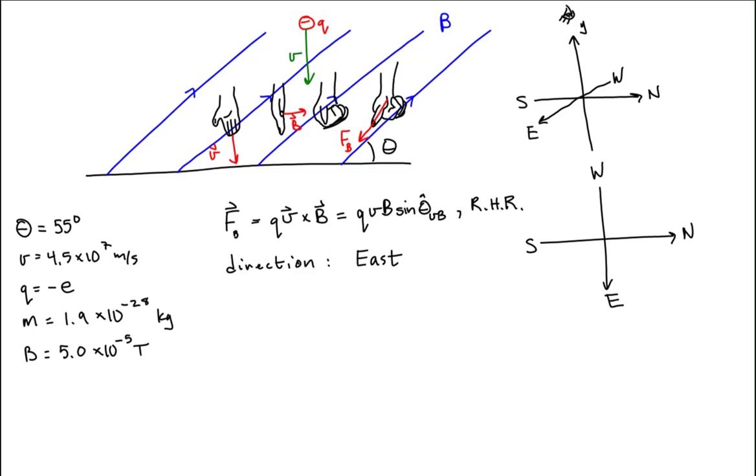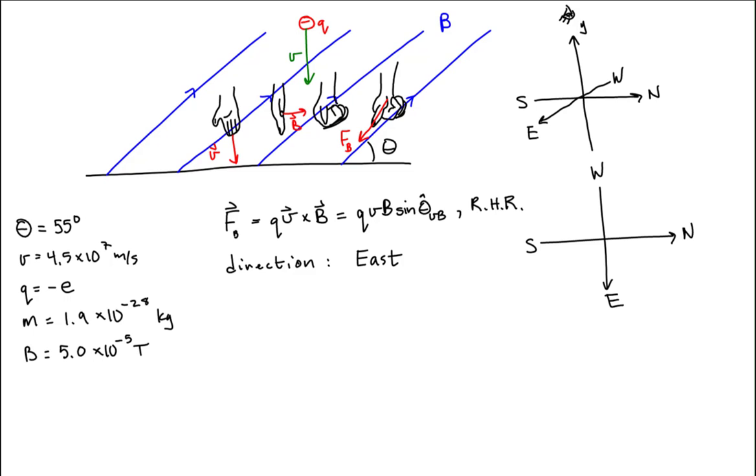I should point out that this east direction is the direction of the magnetic force on a positive particle, because the right-hand rule for a magnetic force due to a magnetic field gives you the direction of the magnetic force that a positive particle would experience.